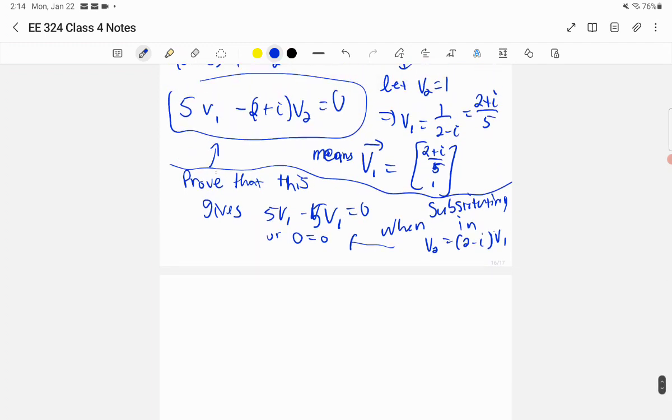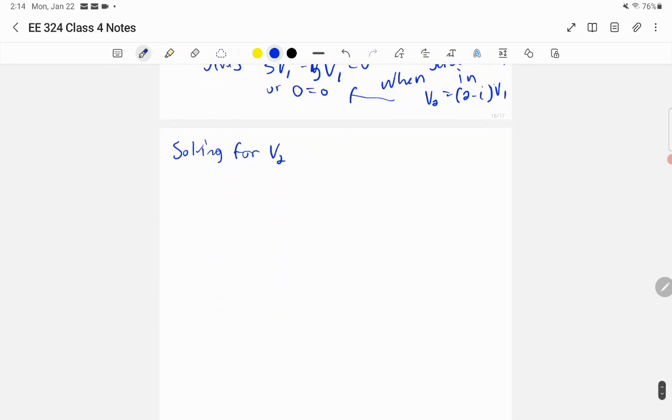Solving for the second eigenvector is a very similar process to what we had before.